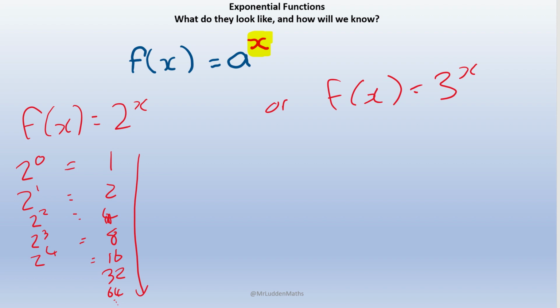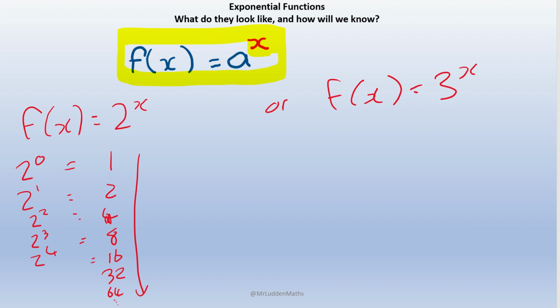That's what an exponential is, but the main thing, to be able to recognize it, is that it's your power changing. Your a here is going to stay the same, but your x here is going to change the whole time.